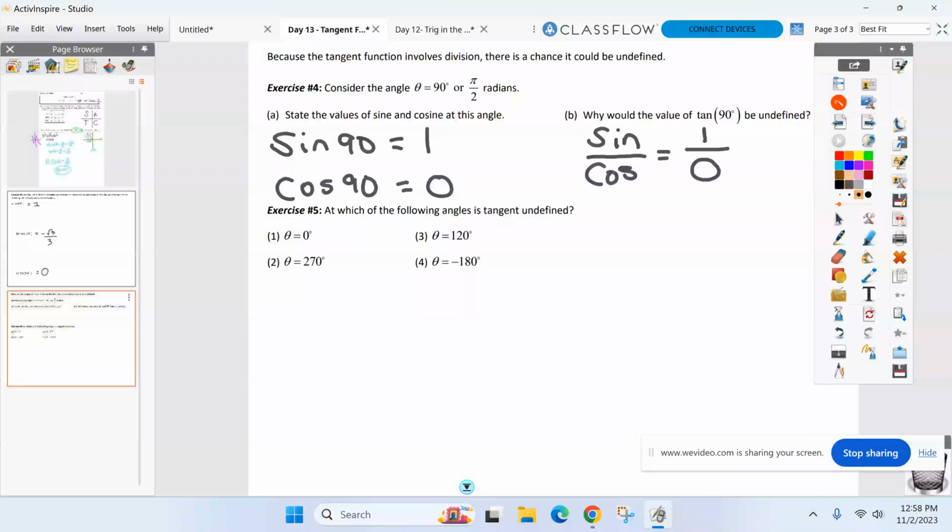Okay? So can you guys go through in this next exercise these 4 and figure out which one's going to give you a tangent value that's undefined? You can just use your calculator. I just wanted to show you why it was coming up undefined for 90. So go through those values for me right now. Find the tangent one that's going to be undefined again.